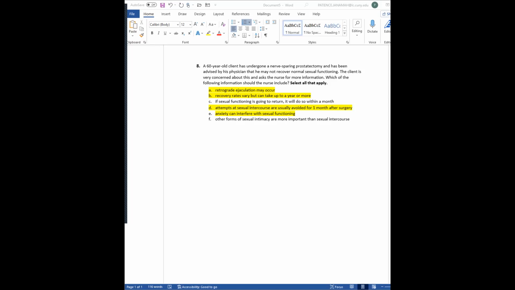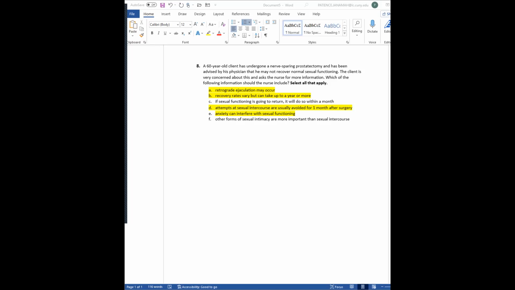So you tell them that it's going to react, so they shouldn't take it. And then it can also cause sun sensitivity on the skin. And it can decrease the effectiveness of digoxin. So if a patient takes digoxin, you want to advise them it can decrease the effectiveness of digoxin.